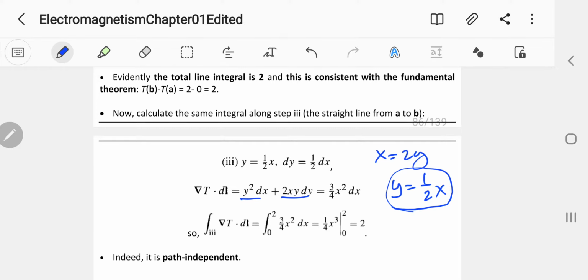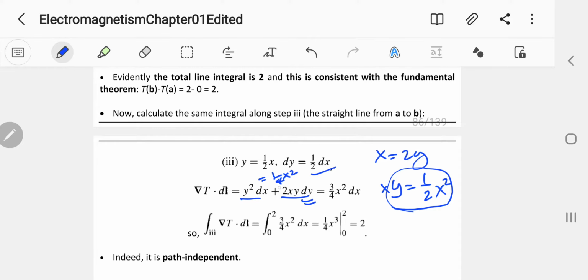This is just equal to 1/4 x squared, and this one is just equal to, you have xy, so you can have this x, so this is x squared, and then you will have 1/2 in terms of, but you also have dy here, which is equal to 1/2 dx.